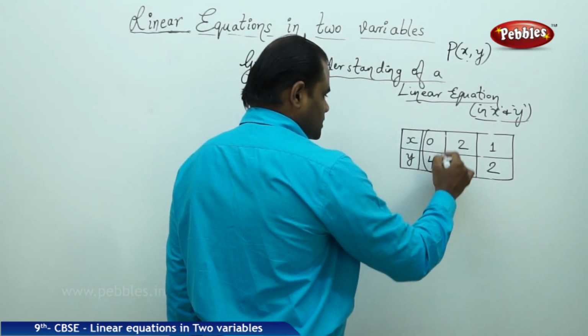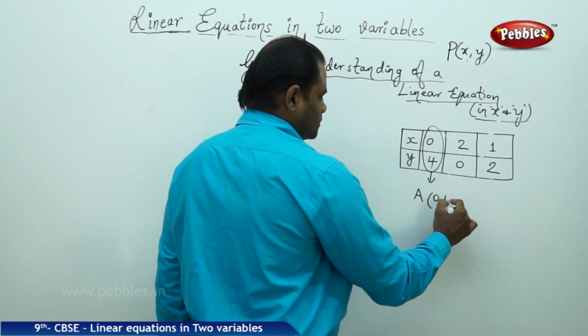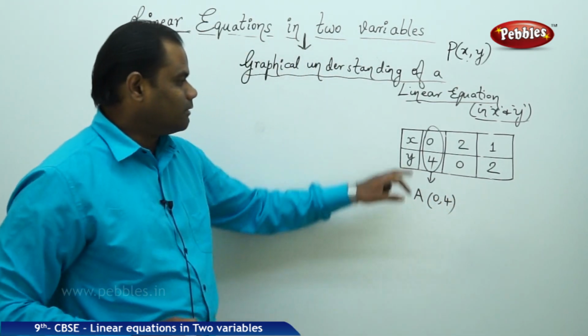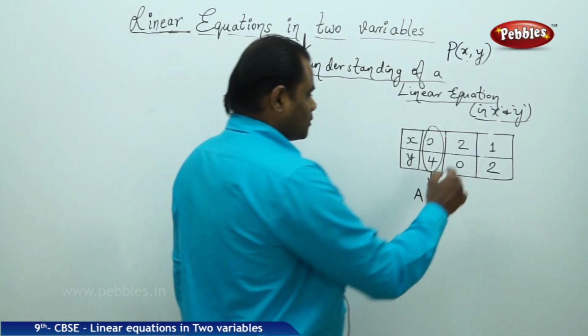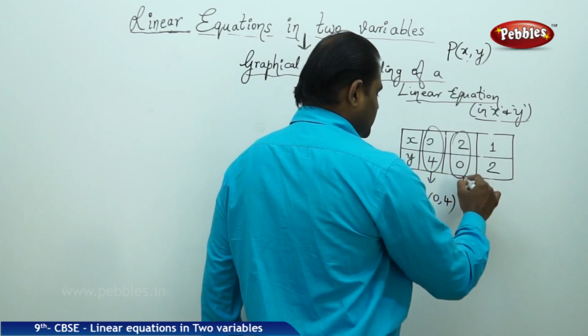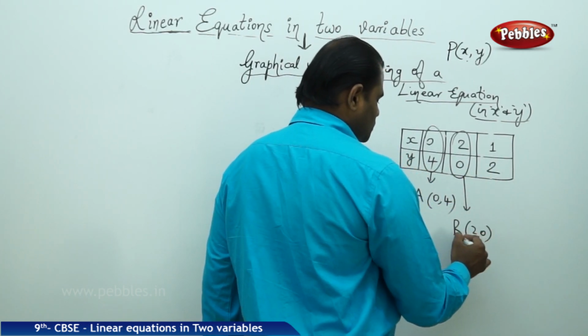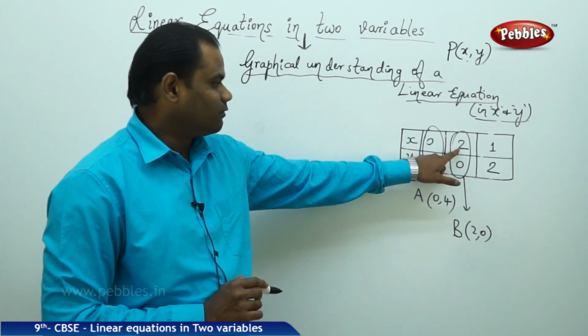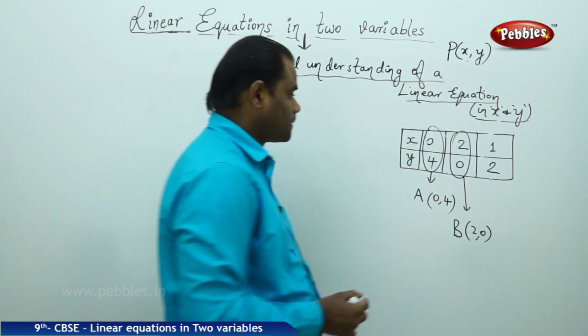The coordinates identified through the first column are A (0, 4): the value of x is 0 and the value of y is 4. The coordinates identified through the second column are B (2, 0): the value of x is 2 and the value of y is 0.